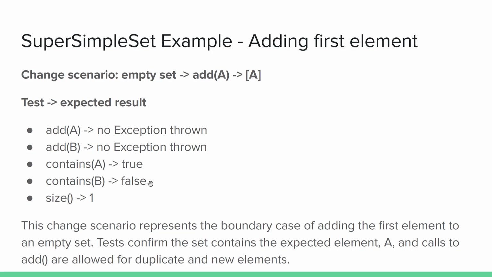But I also double check and make sure that if I pass in a value that is not expected to be in the set, those should still return false. So I'm testing that the only value that's in my set should return true, and a representative non-set element will return false. If I do have a set containing one element, the size method should return 1.